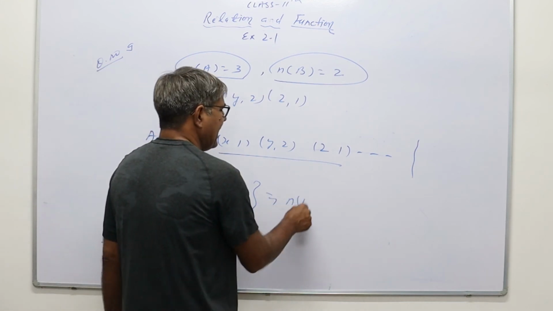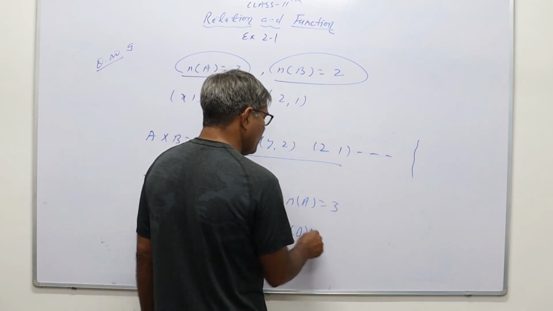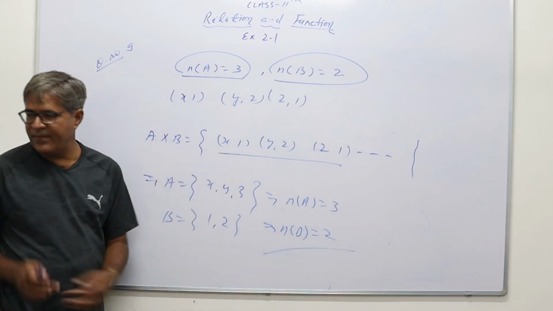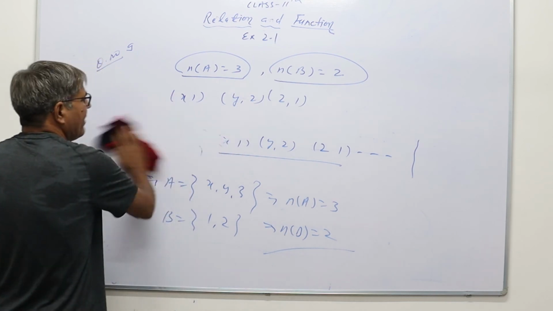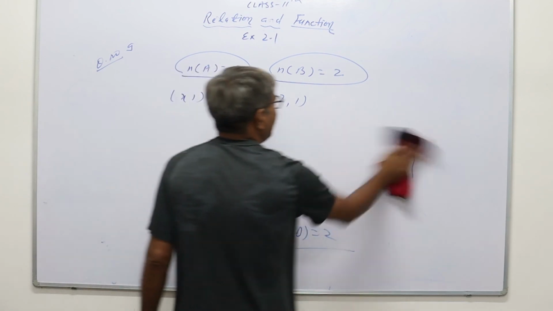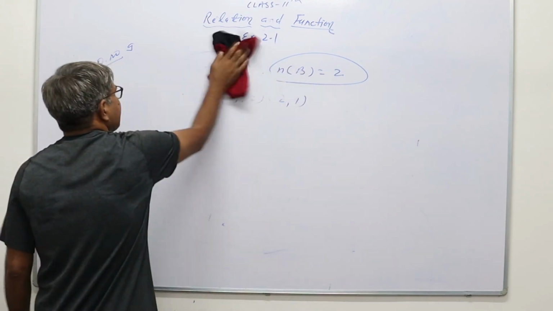Implies that n(A) is equal to 3 and n(B) is equal to 2. So in this way, whenever the Cartesian product is defined, the collection of all the first elements in the given ordered pairs will belong to the first set and the collection of second elements in the given ordered pairs will belong to the second set.